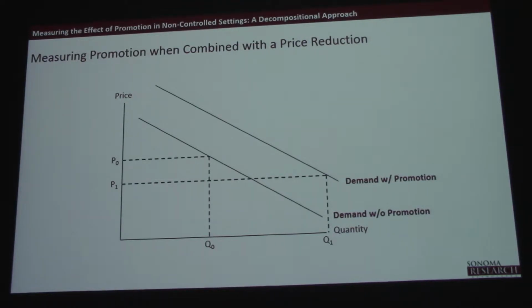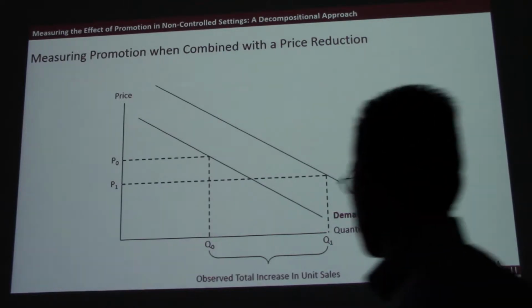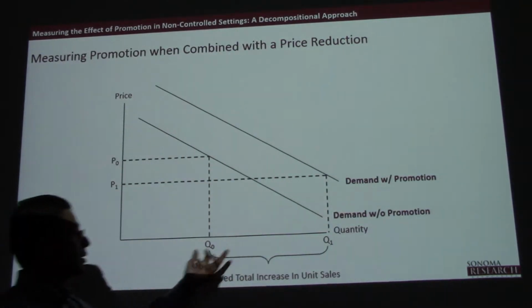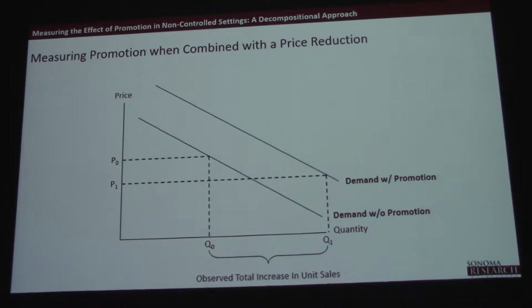And when I first attack this problem, I'm attacking it literally on a piece of paper, drawing these curves. How are we measuring promotion? What should be happening? And what we see is that you get these huge increases in sales, which are all attributed to promotion.